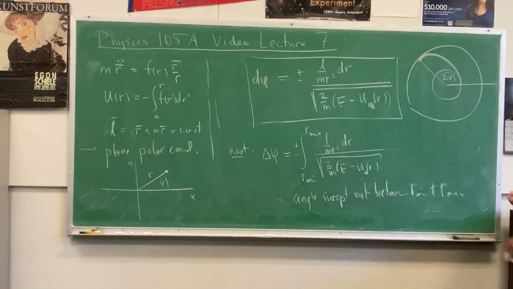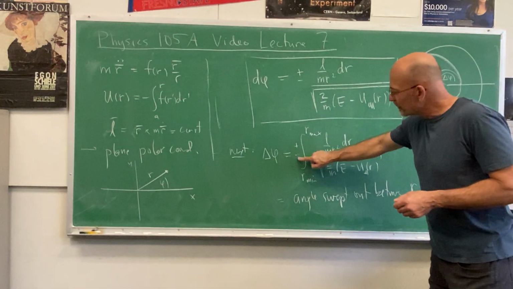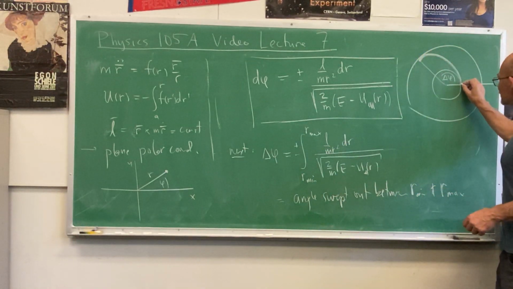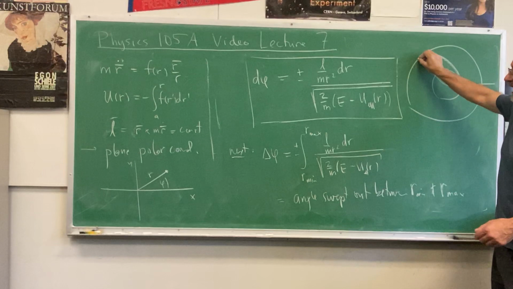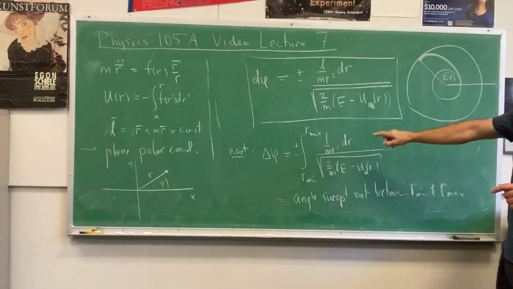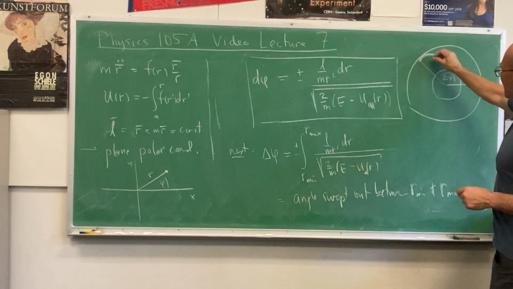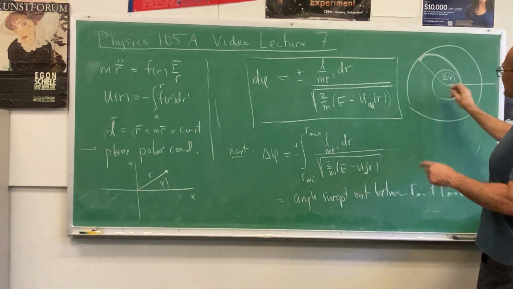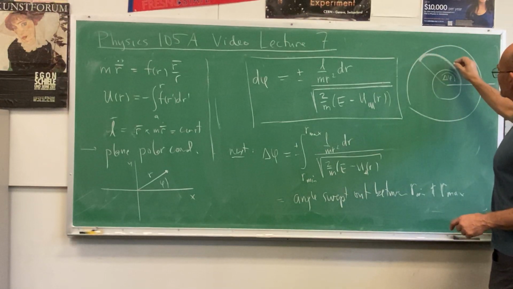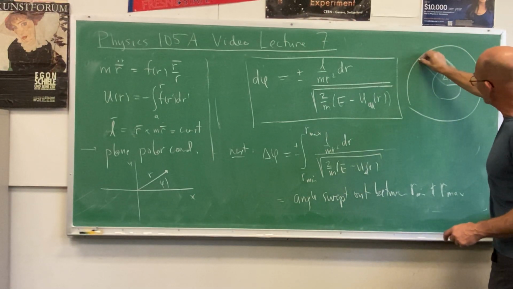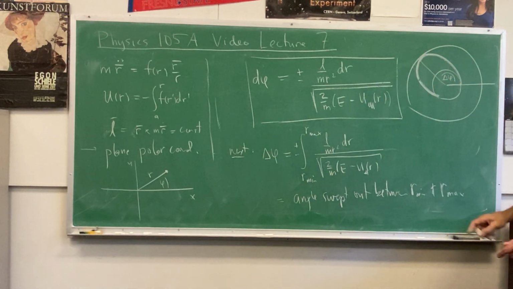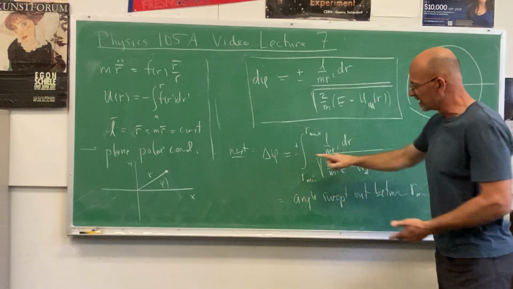Now what's the meaning of the plus and the minus sign? The plus sign is for increasing r, and the minus sign is for decreasing r. What this result tells us is that this trajectory is symmetric in that sense. As we go from r min to r max, we get a certain trajectory. If we go from r max back to r min, we're sweeping out exactly the same amount of angle, because it's the same expression, just with the minus sign.